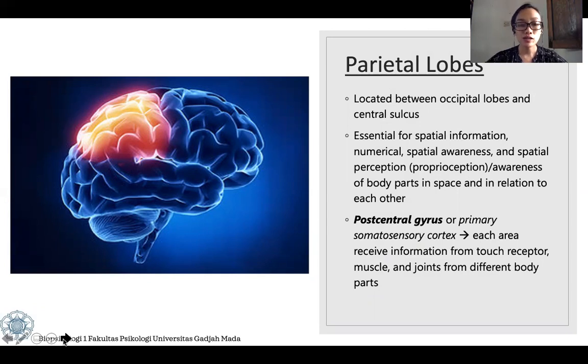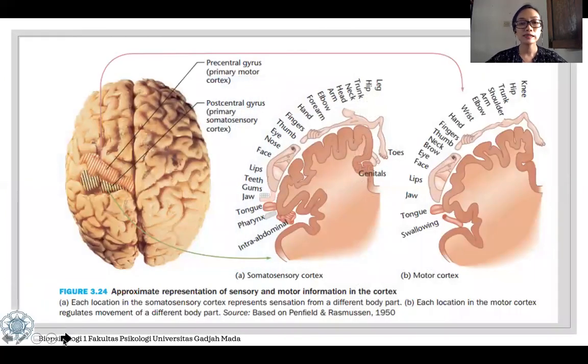So the area just posterior to the central sulcus, the postcentral gyrus, or the primary somatosensory cortex, receives sensation from touch receptors, from the muscle receptors, and joint receptors. We will take a closer look here. The postcentral gyrus includes 4 bands of cells parallel to the central sulcus.